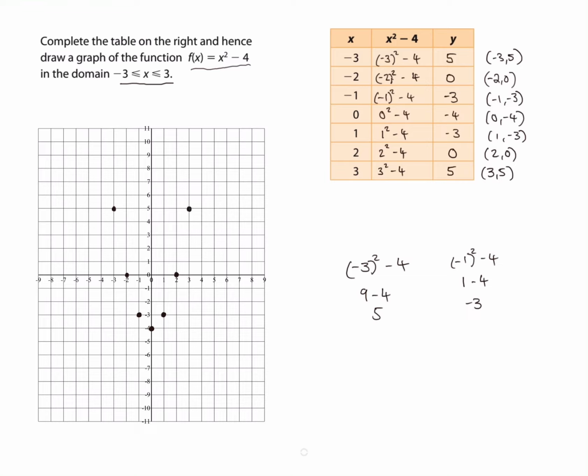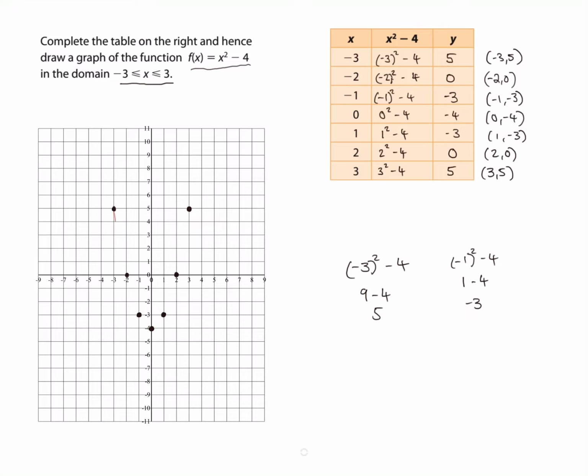Now, on Monday, we were drawing straight lines. This is a quadratic function. A quadratic function when you're drawing a graph is not a straight line. It is a curve. And I'm just going to use a different color. And the curve goes like this.